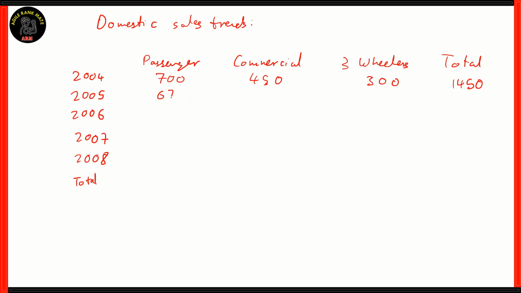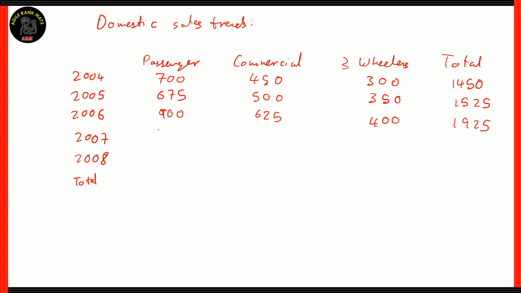For 2005, it's 675, 500, and 350 respectively. That gives us a total of 1525. For 2006, the numbers are 900, 625, and 400 respectively, which gives us a total of 1925.